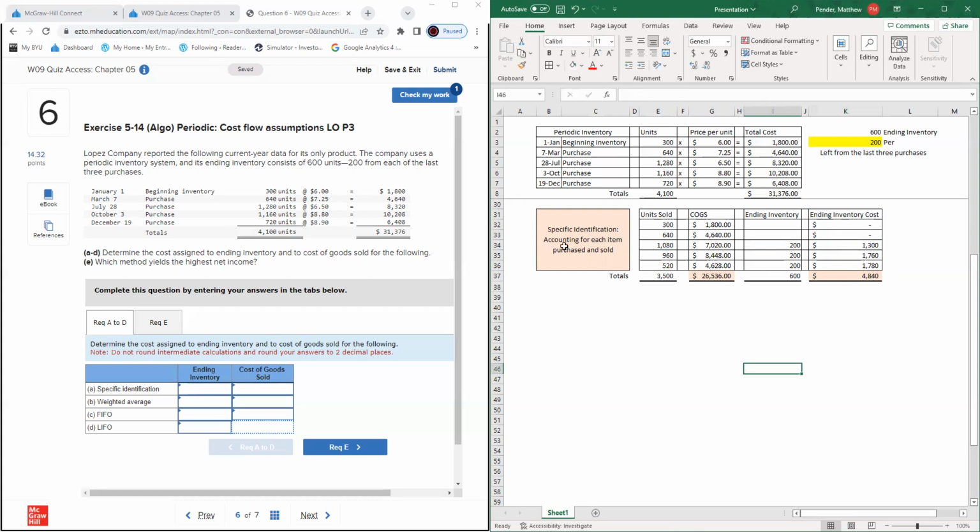Again, specific identification accounts for each item purchased and sold. So with specific identification, ending inventory is 4,840 and cost of goods sold is 26,536.